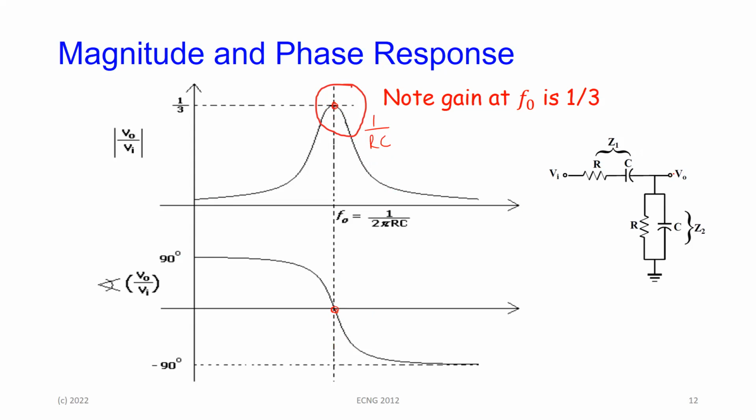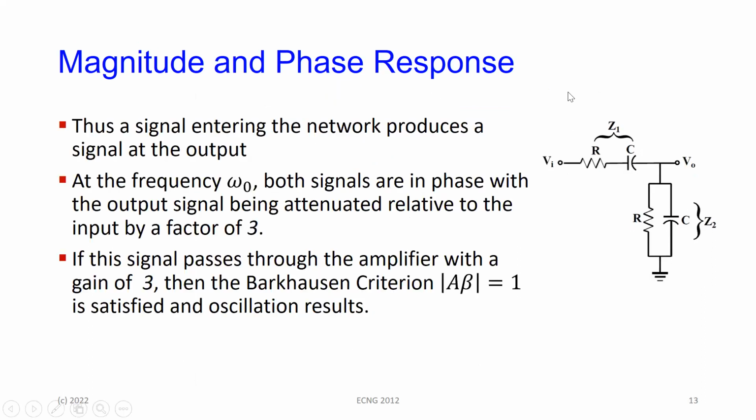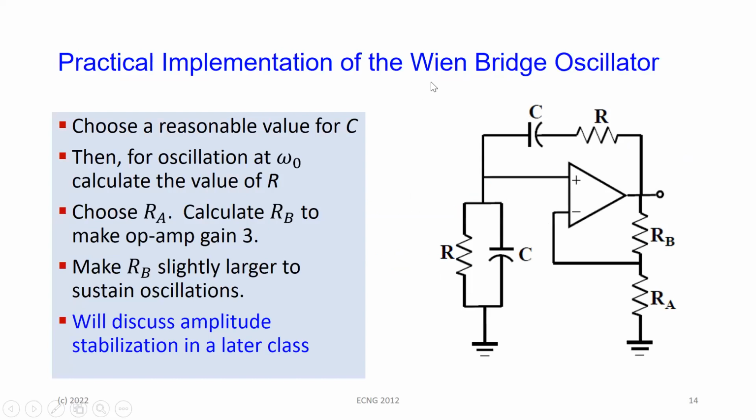So you take this now and you multiply it by a gain of 3, and you get an oscillator coming up. So the network produces the signal at frequency omega 0. Both the signals are in phase with the output and attenuated by a factor of 3. So you pass it through an amplifier and you get your oscillation occurring.